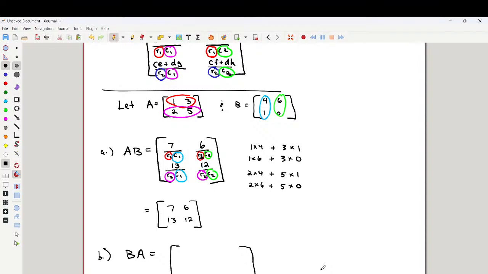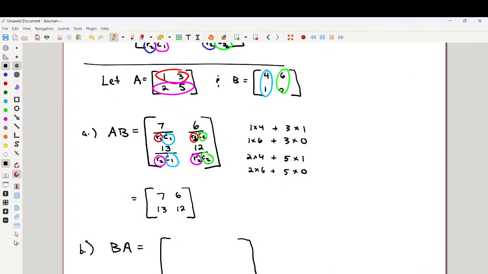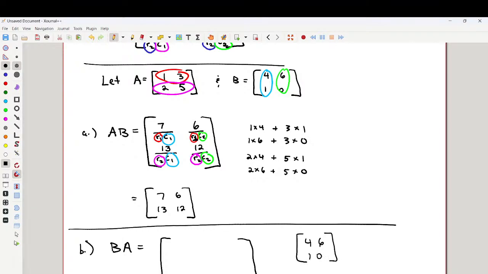I did 4 times 1, and then I did 6 times 2, and I added them. So I'm going to put it in the order I want: 4, 6, 1, 0 times 1, 3, 2, 5. So this is row 1, column 1. So 4 times 1 plus 6 times 2, 16.